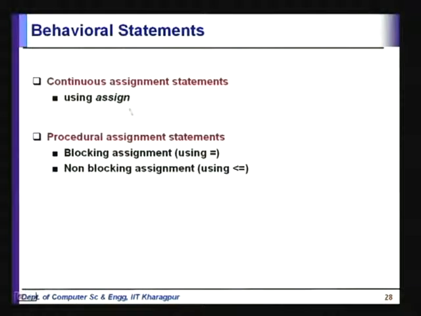One is the continuous assignment statement, where we use assign. Continuous assignment means that automatically at all times the assignment is done. And procedural assignment statements can be of two types. One is blocking assignment, the other is non-blocking assignment. We will see examples of this shortly.